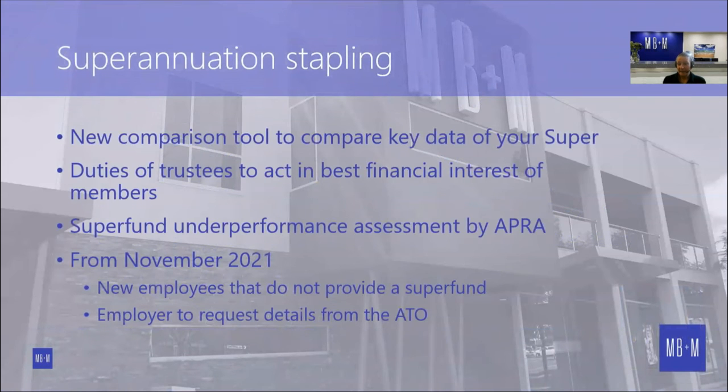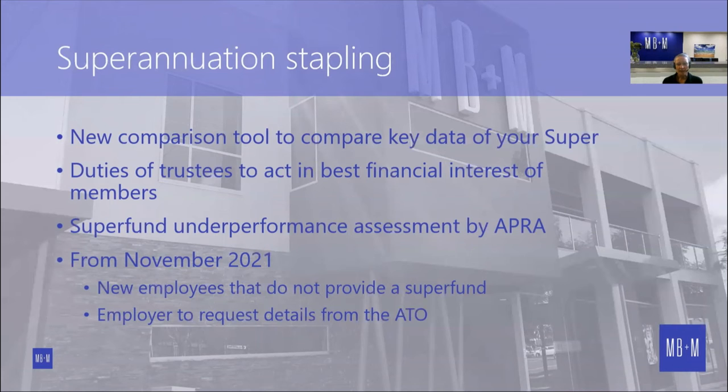Superannuation stapling. This is something that has come in as at November 2021, so from today. You shouldn't see too much of any sort of compliance requirements right this minute, but just to give you an overview, superannuation stapling involves... It will give employees the ability to compare key data of your super, your current super accounts.